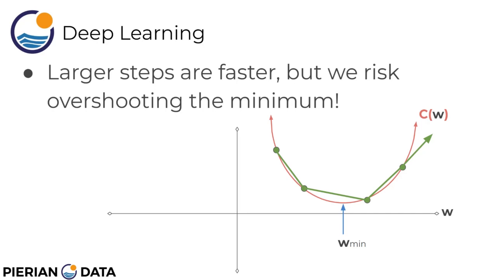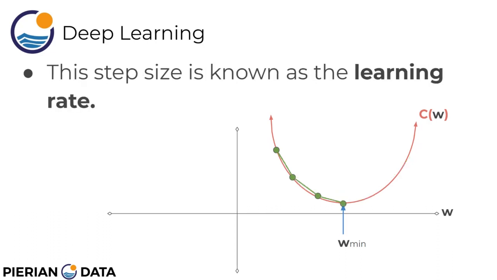If you go too large of a step size, you may actually miss that minimum weight or minimum weight tensor and then overshoot, and you don't end up converging. That step size is known as the learning rate. So if you ever see in neural networks that they're editing the learning rate, what they're really doing is editing how fast they're going to try to find that minimum weights value. And it works the same for biases. You're finding the values of the weights and biases that minimize that cost function.